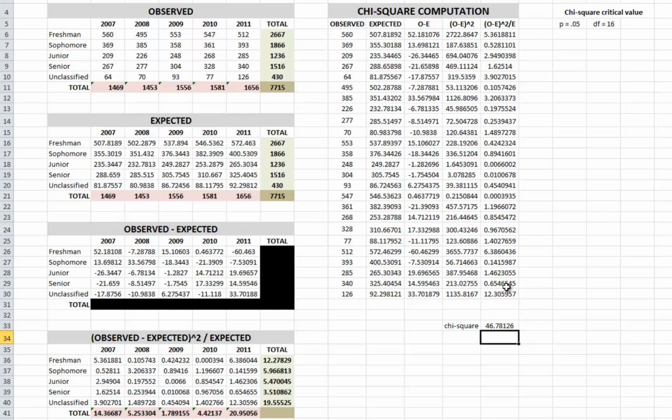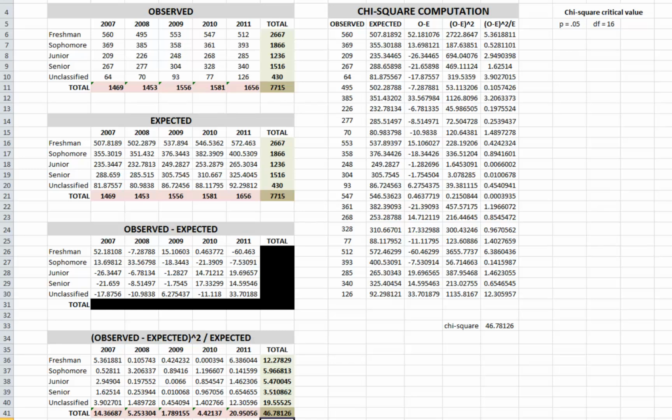Close parentheses, hit enter. And there we have 46.78126, so about 46.78. Now if I go over here and do a grand total, it should be the same. Equals sum. Select that column there, and there it is. So now we know we've done everything correctly.